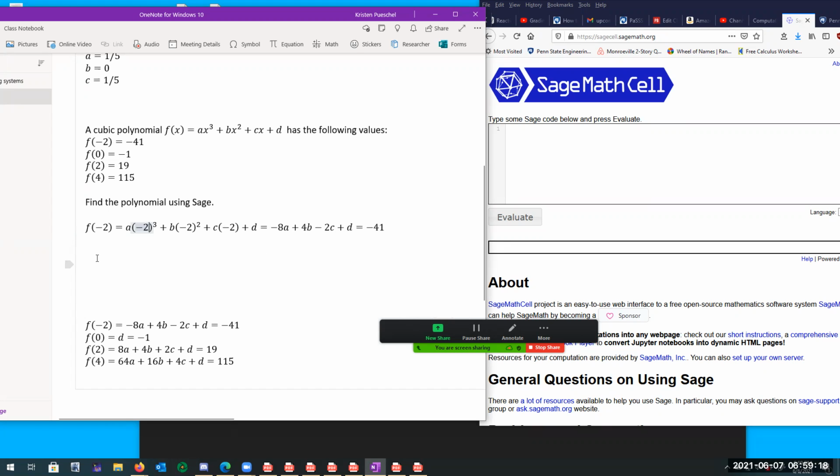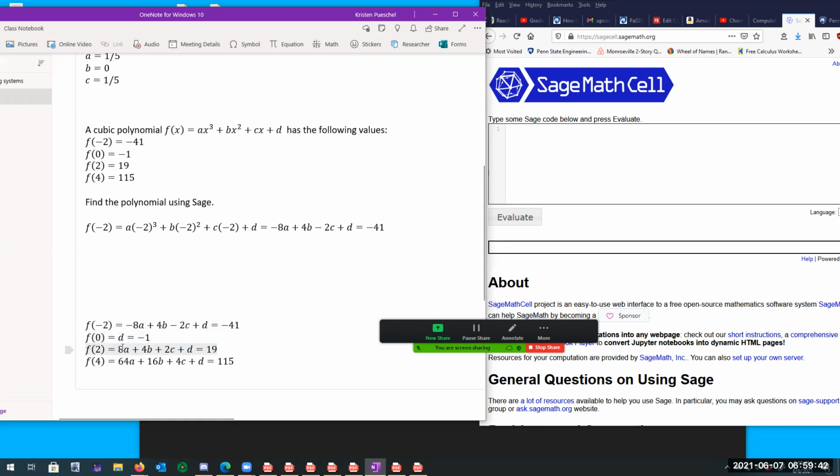And if we repeat this process at the points that were given, at 0, at 2, at 4, we actually come up with a system of equations. So this -8 is -2 cubed. 0 cubed is 0, so that's why we don't see any a term in the second equation.